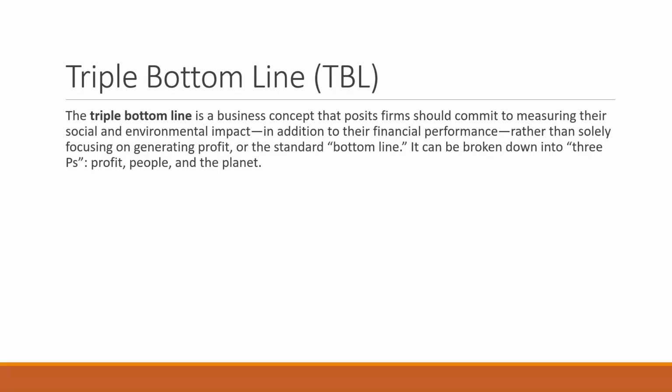They impact the people who work for them and the people who buy and purchase goods for them. They have impacts on the planet through various things. Depending on what the business is doing, their environmental impact is different. But it's really looking that firms should be more holistic when looking at how they do business.